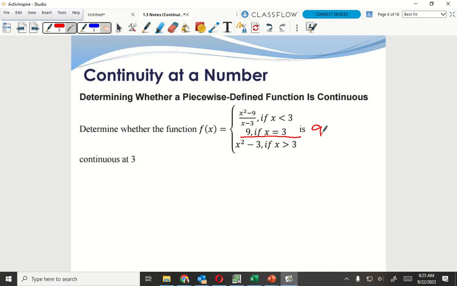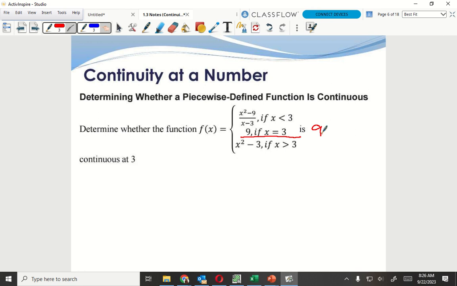Good. What if I plug in over here on the left-hand side? What's going to happen if I plug in positive 3? The top one would equal 0 on the denominator, so I can't do that, right? I know it can't equal 3, but I have to see what this is going to be.